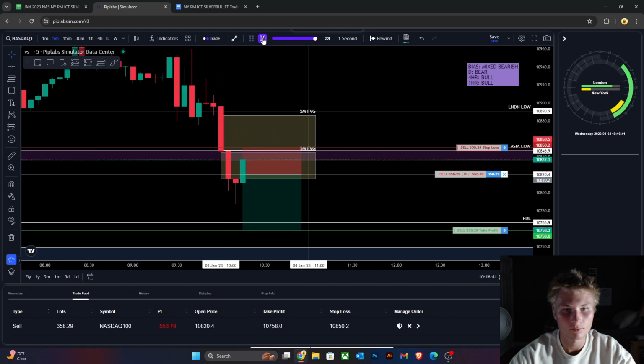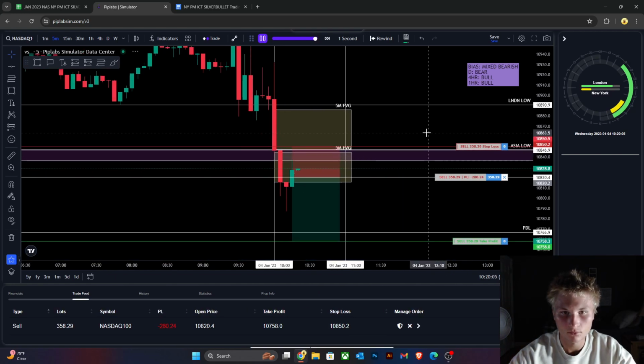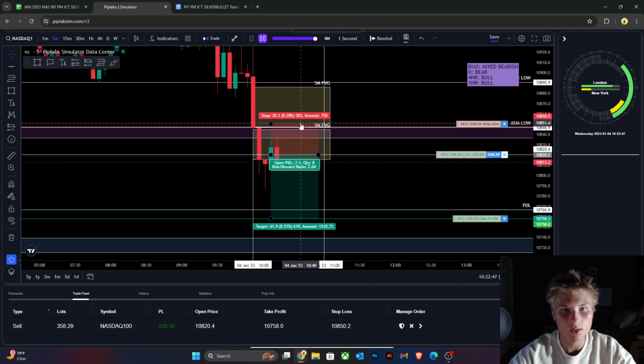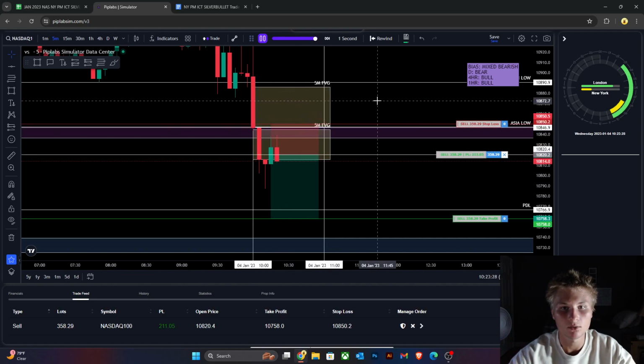So let's see what price does here. We got a nice 30-point stop above this 5-minute candle.